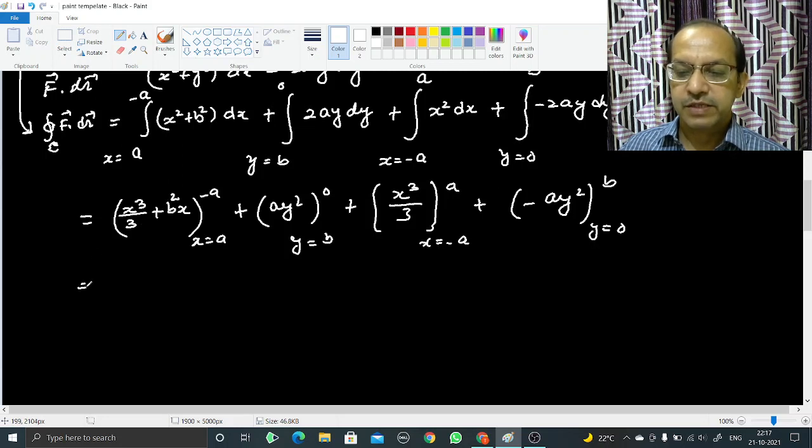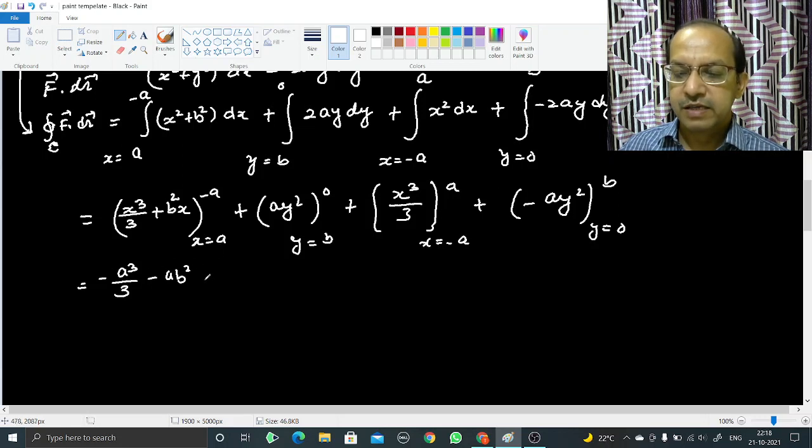Now we will put the limits. So it will be minus a cube by 3 minus, and then minus of b square into minus a, that is minus ab square.